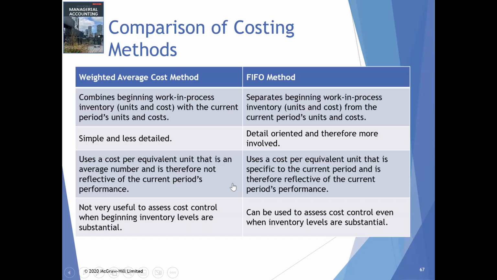The weighted average method is not very useful to assess cost control when beginning inventory levels are substantial, meaning big. But the FIFO method can be used to assess cost control even when the inventory level is substantial.